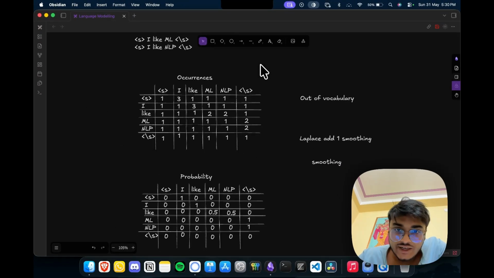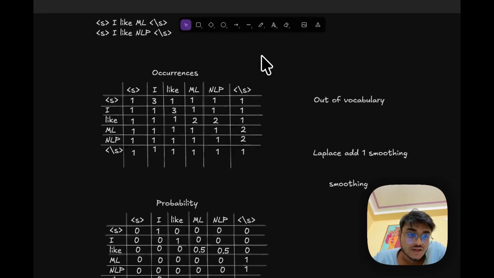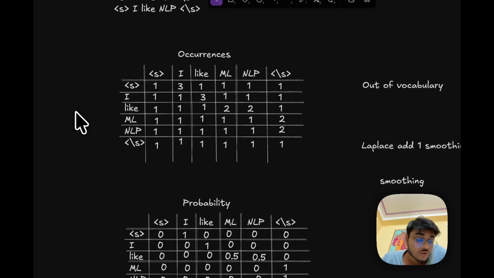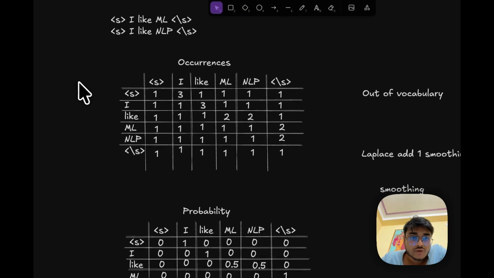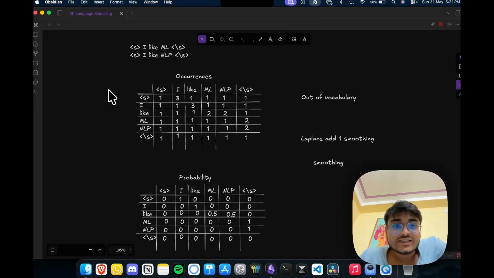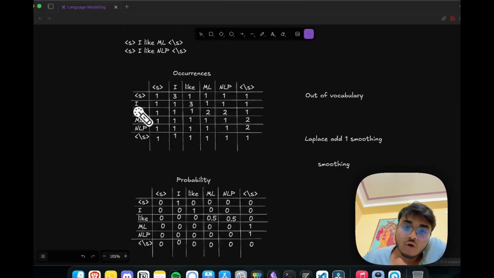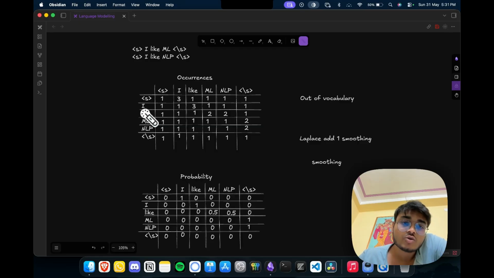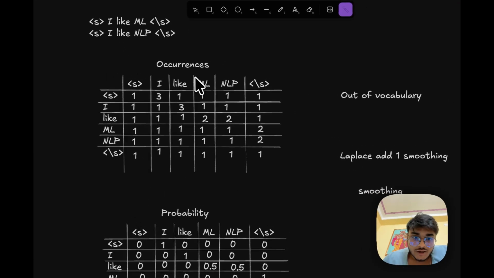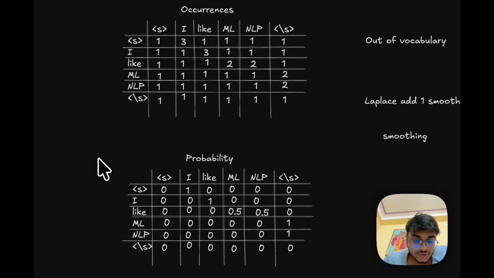There's a formula to it. Basically, you have to find the previous occurrences and add all the vocabulary to it. You might not get anything after I said this, but the idea is pretty simple.